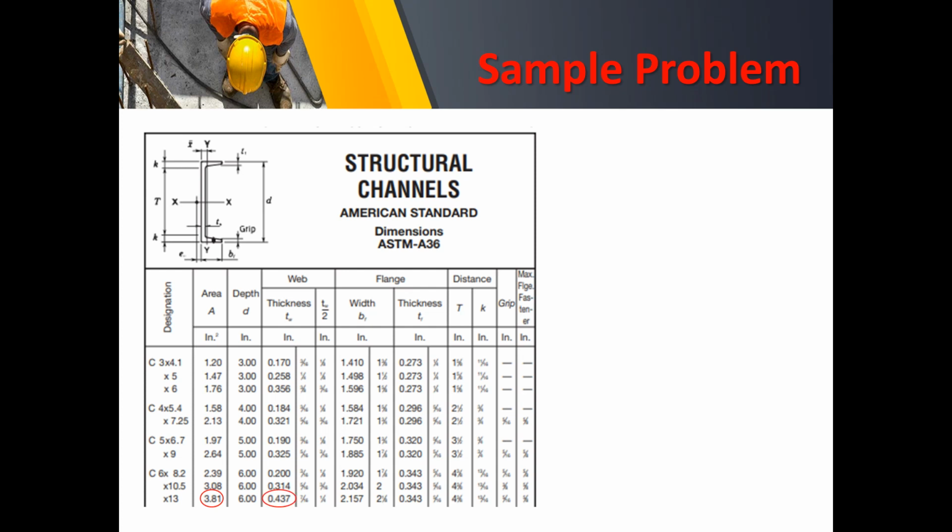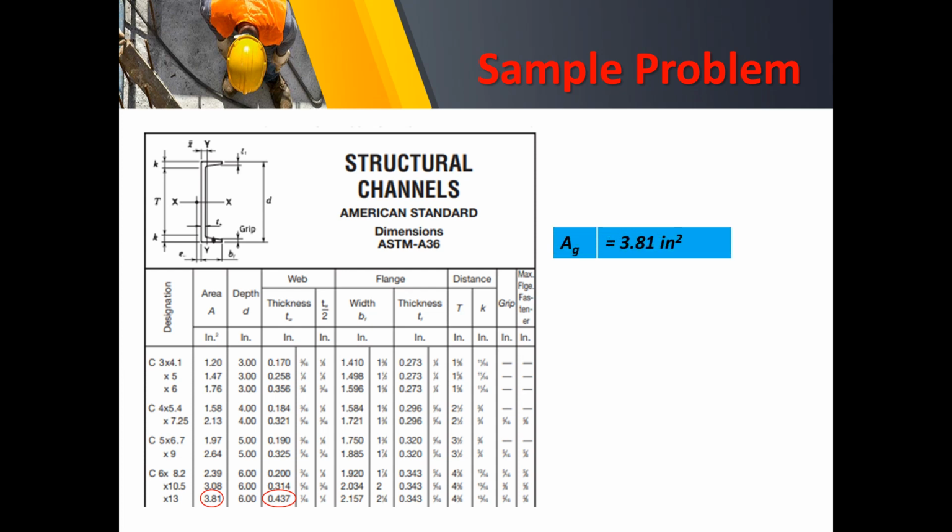We also need the thickness of the web, because we have noted that the connection is within the web. In a while, we will discuss an example that involves a connection on the flanges also. So in this case, we are only concerned with the area and the thickness of the web, since we have no connections on the flanges element of this channel.